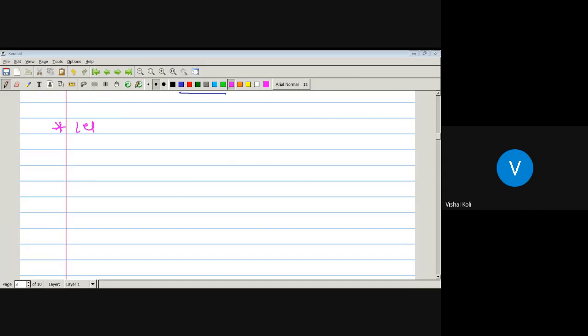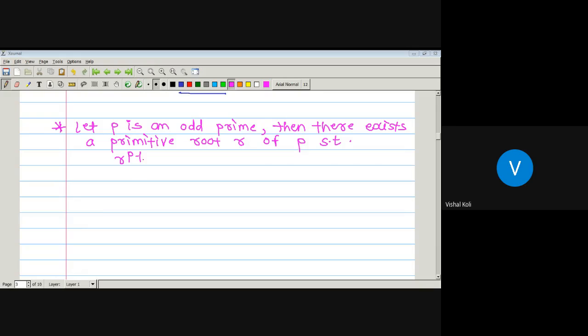Let p be an odd prime, then there exists a primitive root r of p such that r to the power p minus 1 is not congruent to 1 modulo p square.